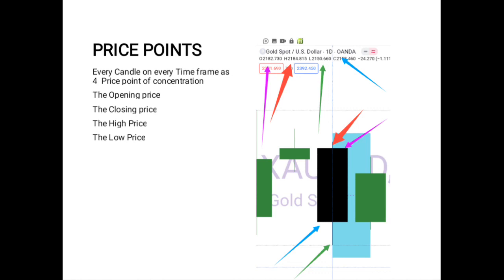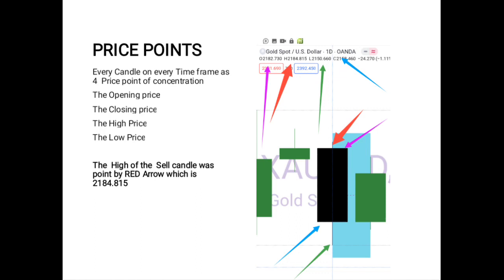Now, from our picture here, the high of the sell candle, which is the black candle here, was pointed to by a red arrow. This is the red arrow, and the high comes in at 2184.815.